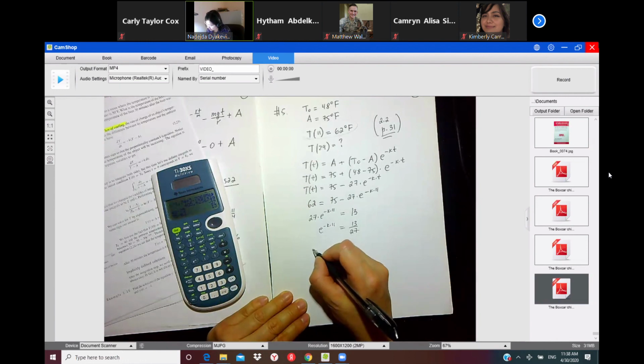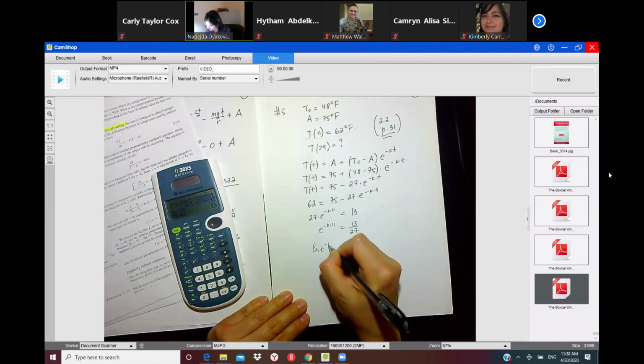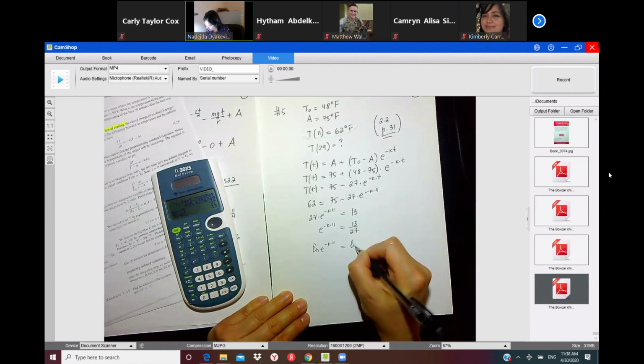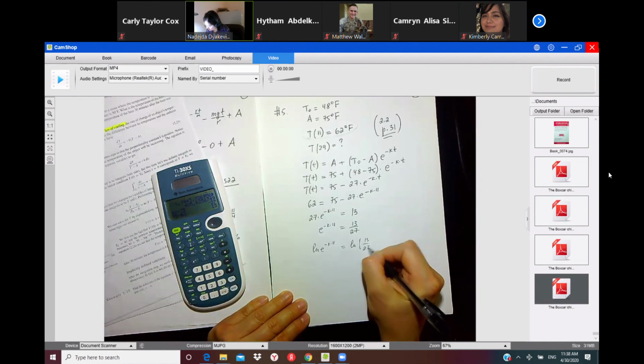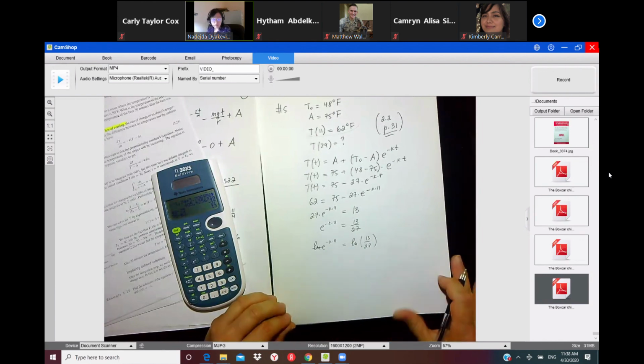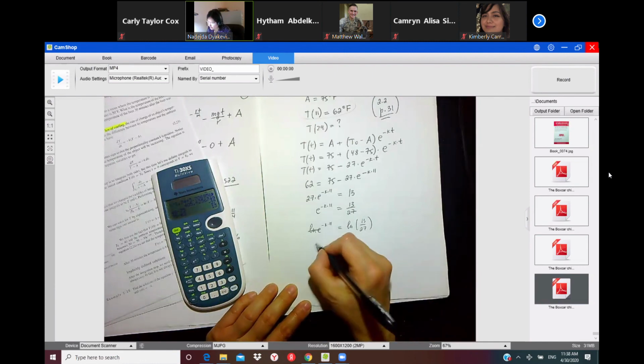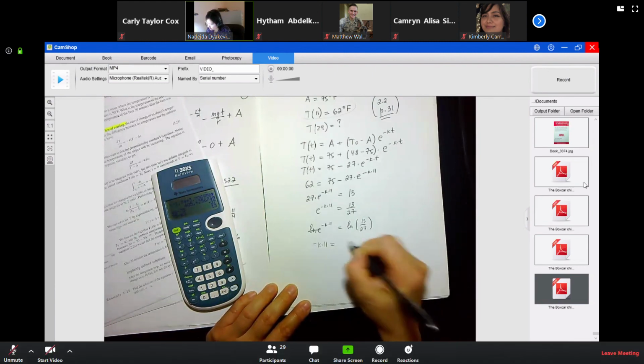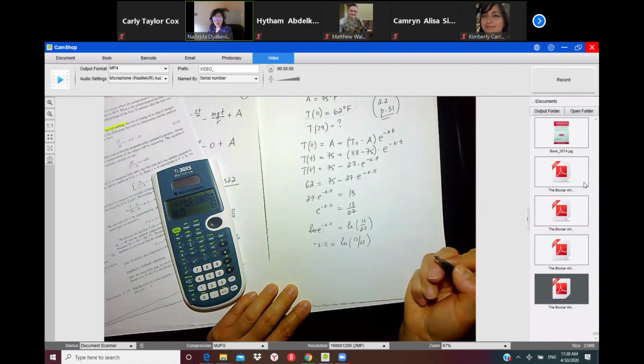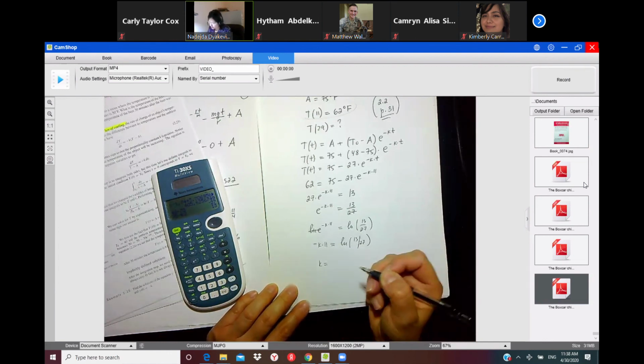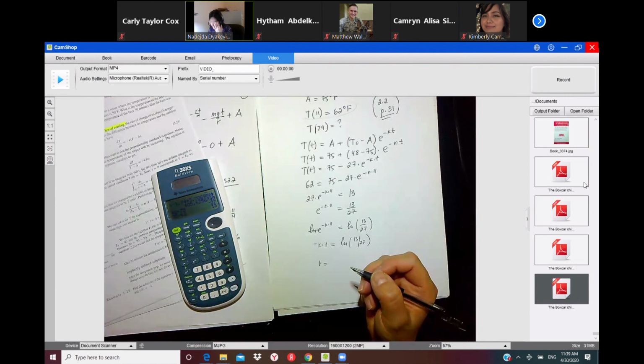And take a ln of both sides, so this way we can cancel ln and e. So negative k times 11. And finally, find k by dividing both sides by negative 11.